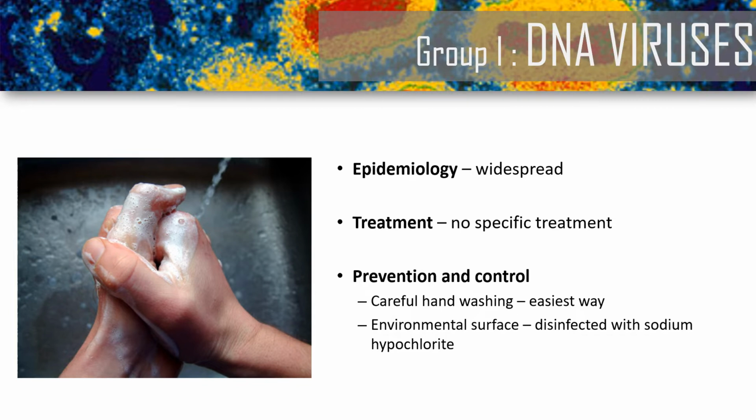So therefore, if someone touches that object after you were the last to use it, and according to a Forbes study, class, we usually touch our face 300 to 400 times a day, there is a possibility that you can actually get that infection. So please, careful hand washing. Okay, that's the easiest way for us to prevent adenovirus infection.